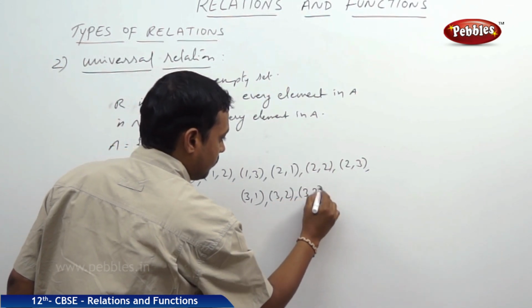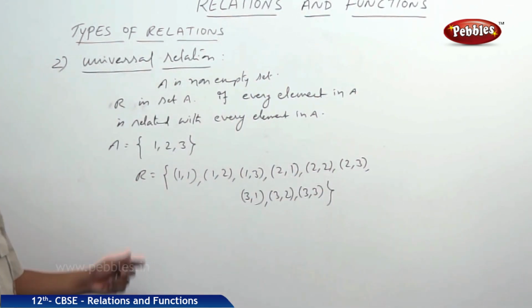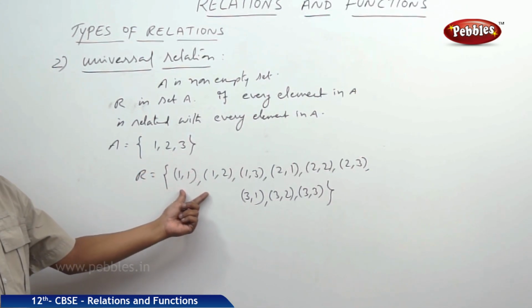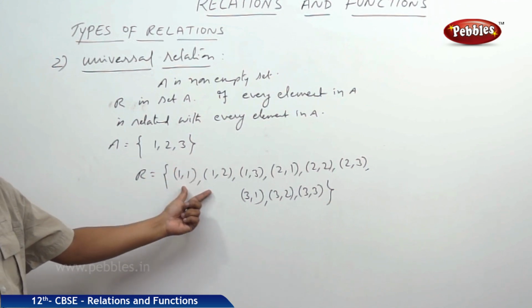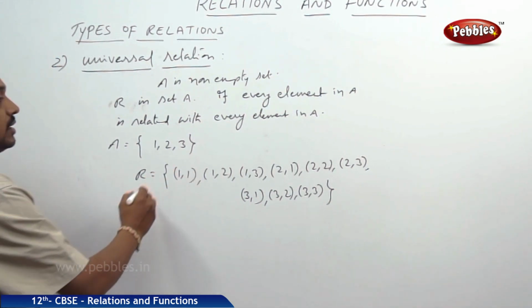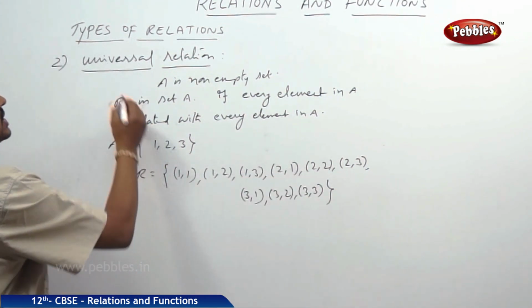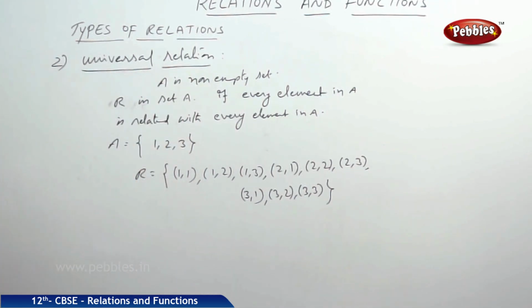See, now each element in A is relating with every element of A. Hence, this relation is known as a universal relation.